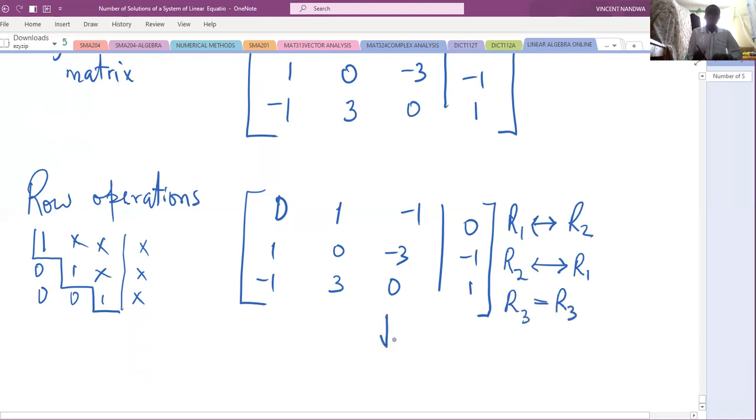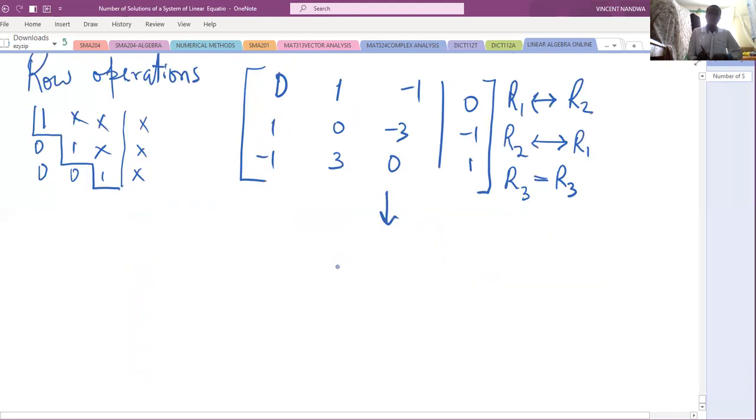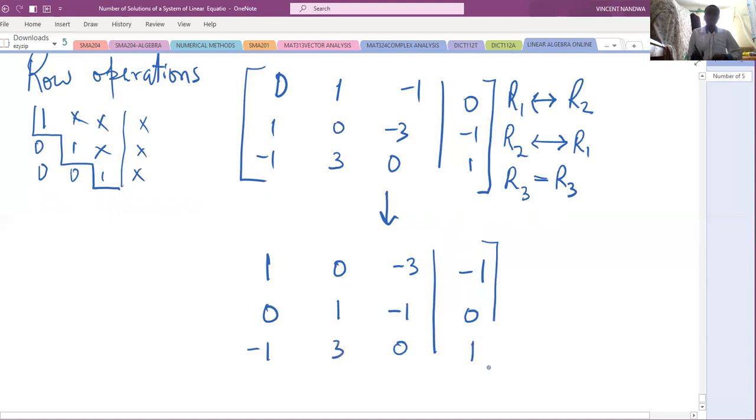So this will give us now 1, 0, minus 3, minus 1, 0, 1, minus 1, 0, minus 1, 3, 0, 1. So by switching row 1 and row 2, that's what we obtain. And so we have now a leading 1 in the first row.